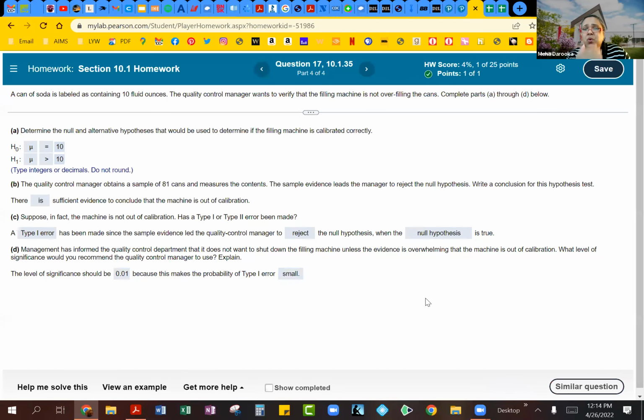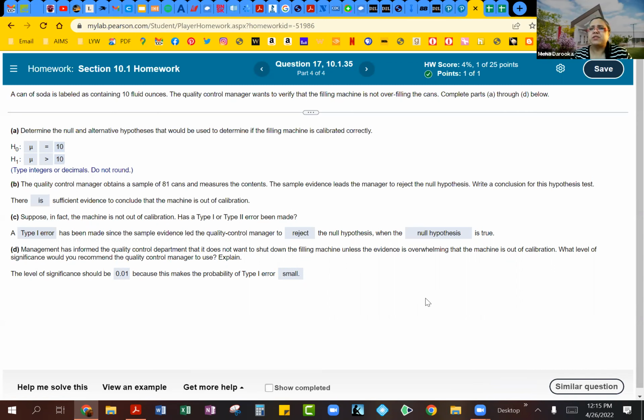So this one is more of a concept problem, people, than it is a calculation one, right? Because this is making sure you are understanding how to write out your null and alternative hypotheses, making sure you're understanding how the type 1 and type 2 errors work, and what that conclusion leads you to.